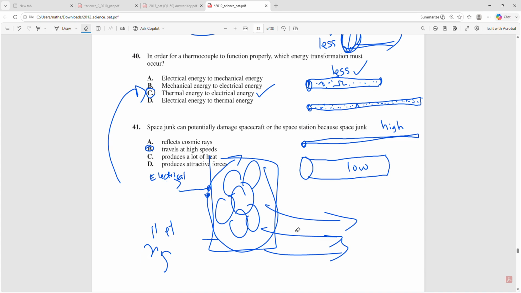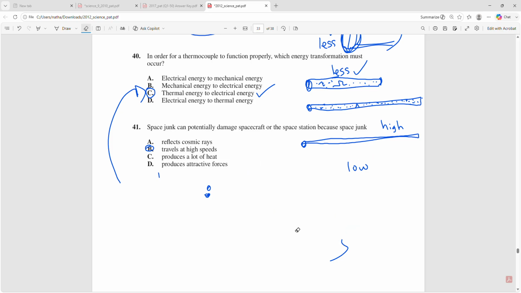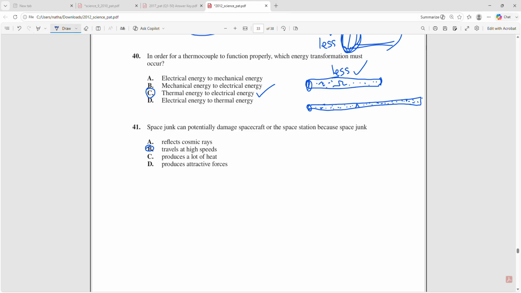Talking about space now. Okay, so space junk can potentially damage spacecraft or the space station because space junk reflects cosmic rays, produces a lot of heat, produces attractive forces, or travels at high speeds.